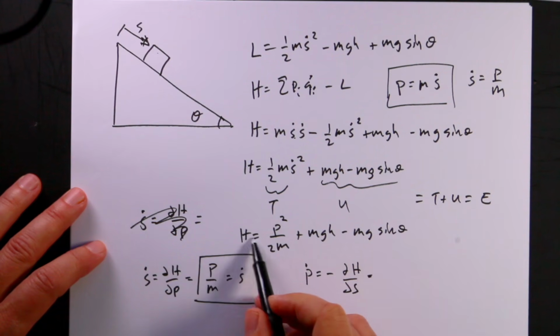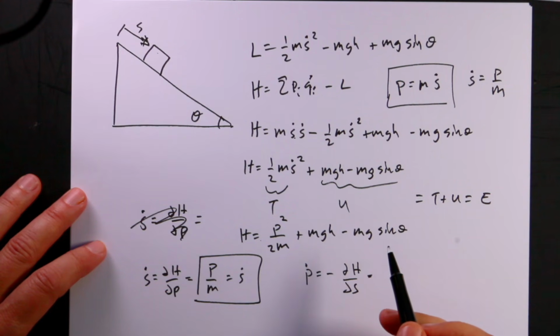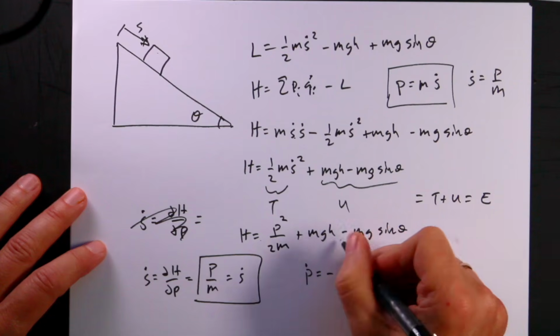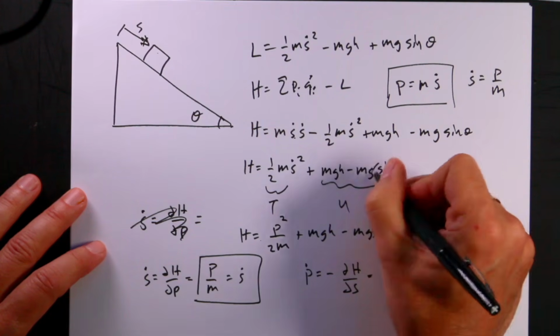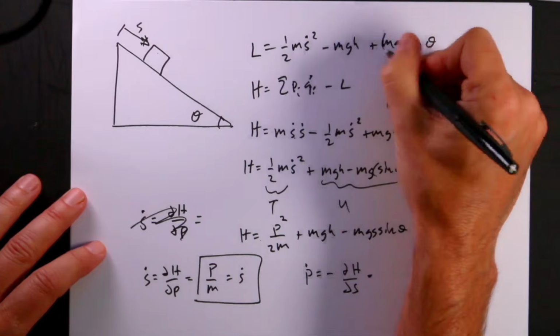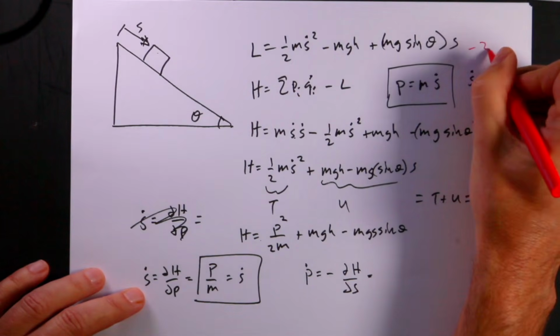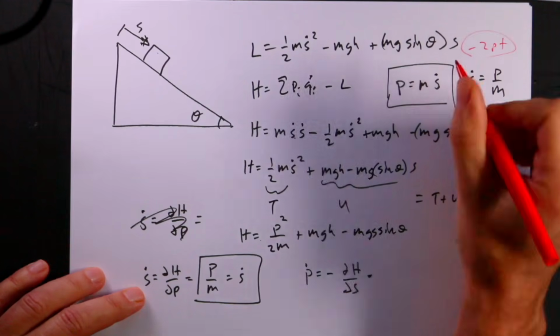And so now where does s come in here? Oh, this is an s, mg, s. And that's going to be minus 2 points for your errors.